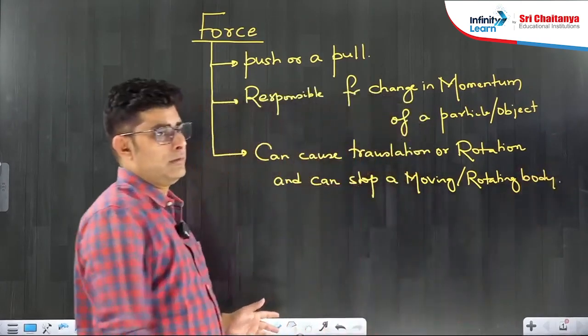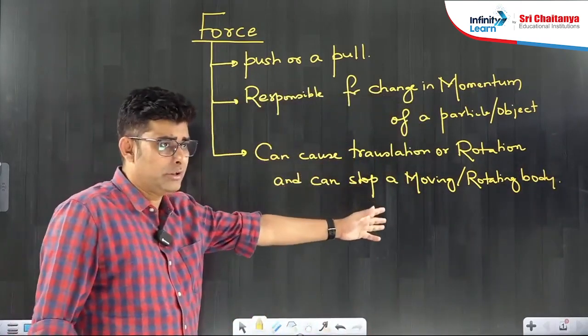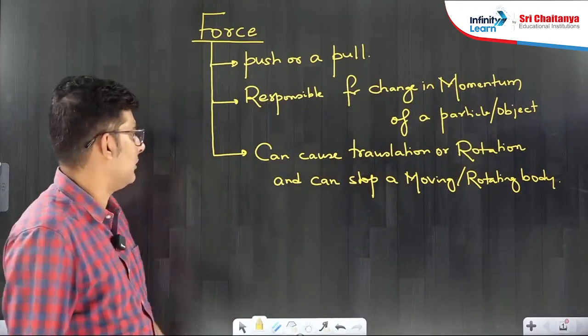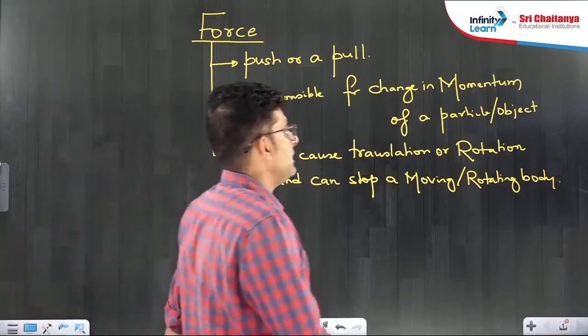So this force can cause translation in a body, it can cause rotation also, it can stop a moving or rotating body also. So it is responsible for change in momentum.